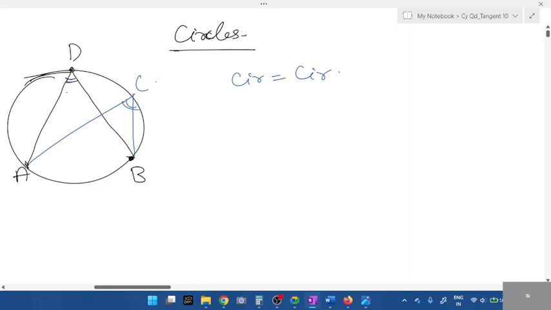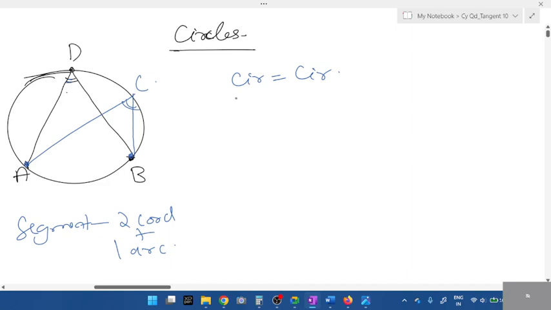What is AB? AD and AB, are they chord or radius? Chord, right? So what is a segment, students? A segment is made up of two chords and one arc. Yes. Angles formed at the same segment are equal.